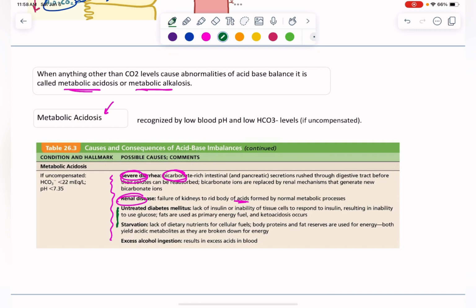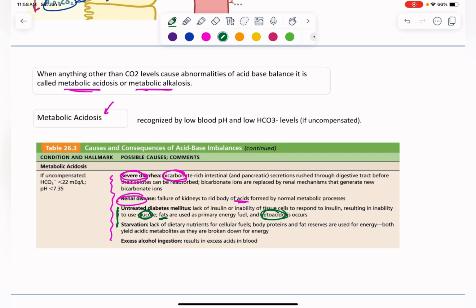These two are kind of the same situation here. With untreated diabetes, the cells can't use glucose, so instead they use fats instead, and they produce ketone bodies or ketone acids as a result of that, and that can cause the body to become acidic.